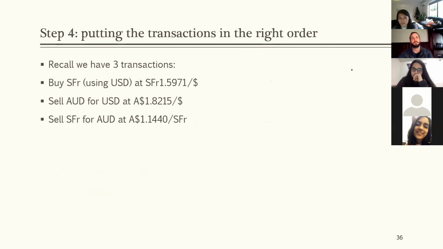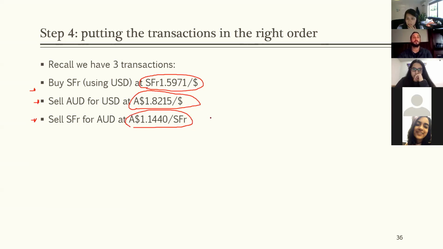So we have identified the transactions that are involved in this strategy, which is to sell the AUD for USD at the given rate, then to use that USD to buy the franc, once again at the given rate in the question, and finally to sell the franc for AUD in the market to the last bank.